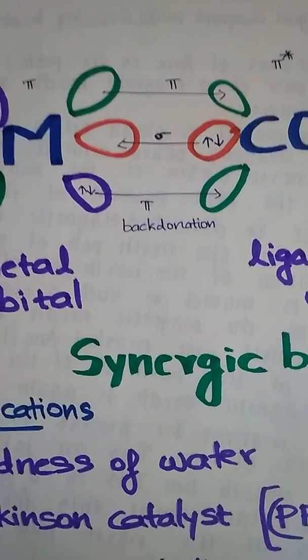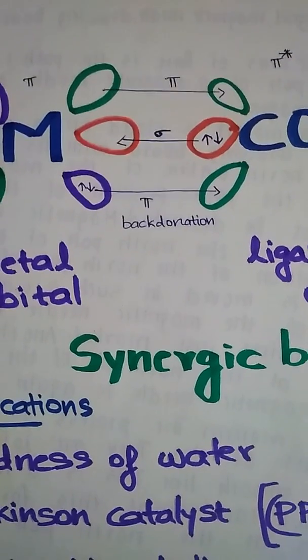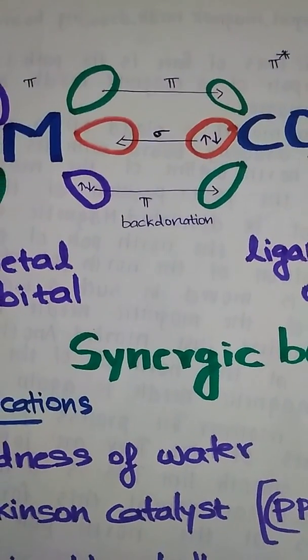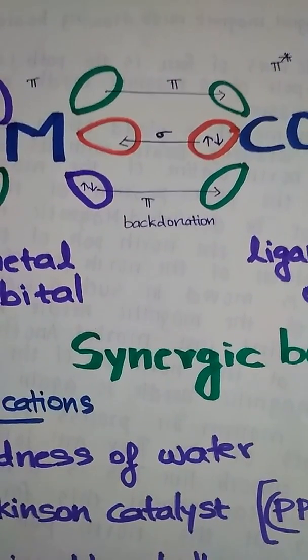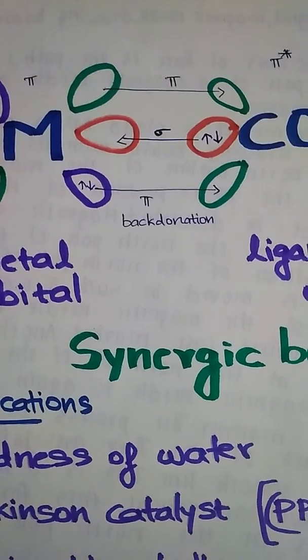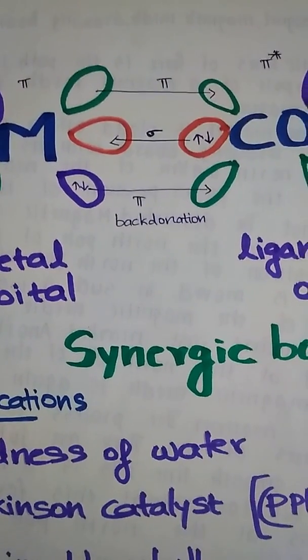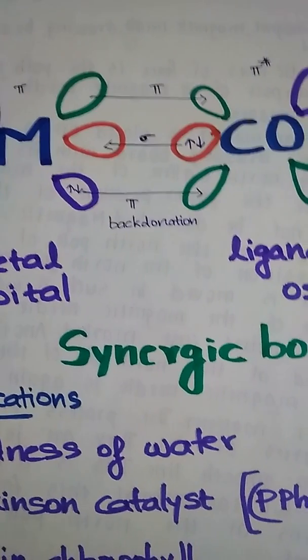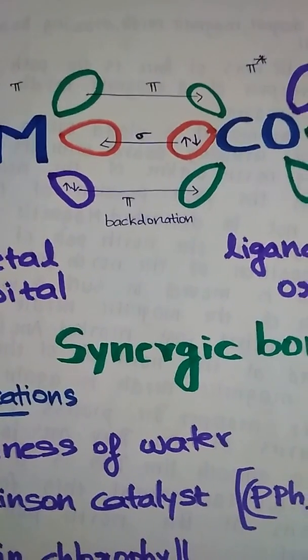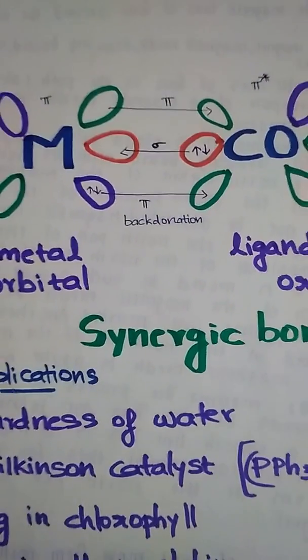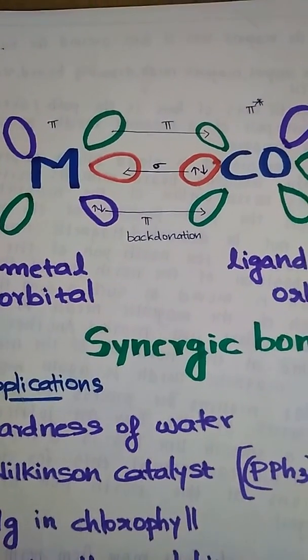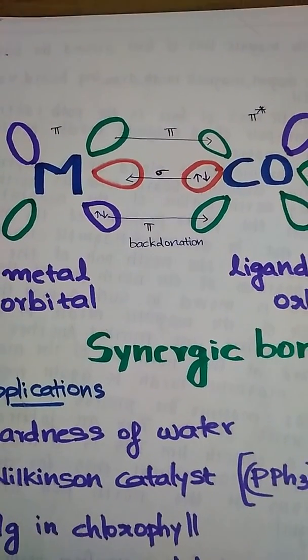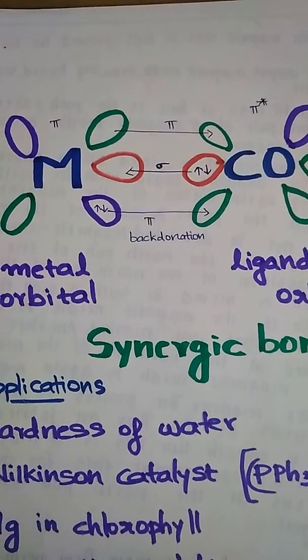I already said that CO is a strong electron acceptor. Thus, the metal will donate electrons by back donation to the pi star vacant orbital of CO. So in this metal carbonyl complex, we can see sigma donation as well as pi donation.